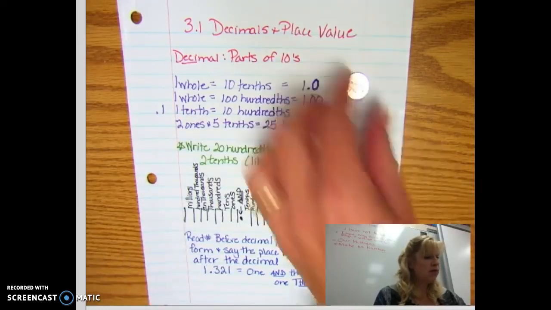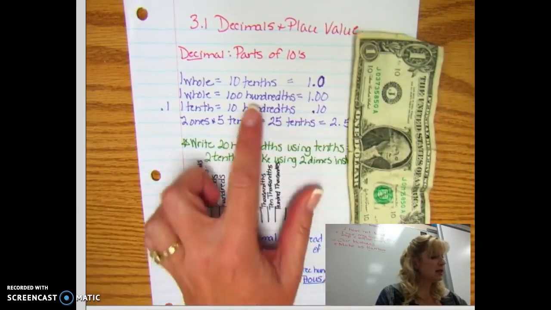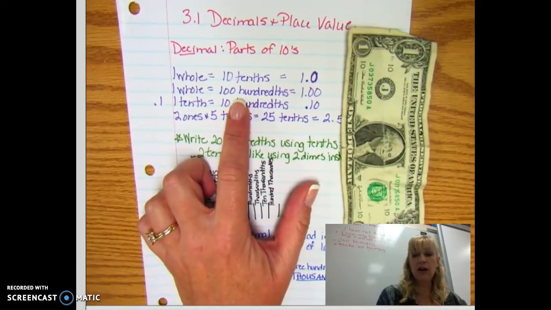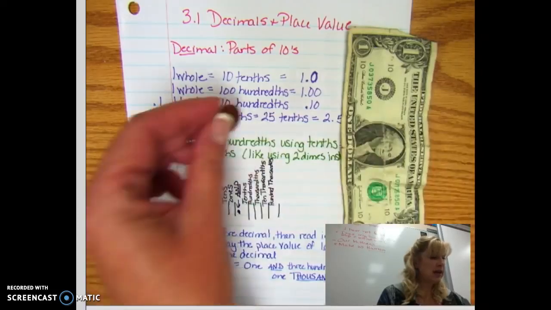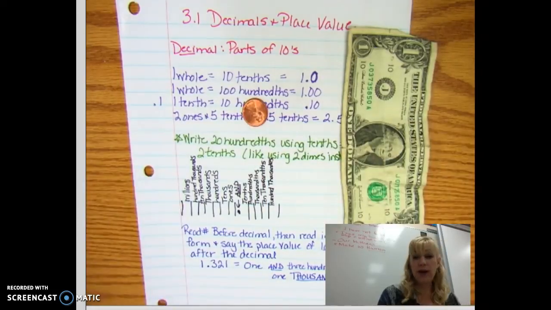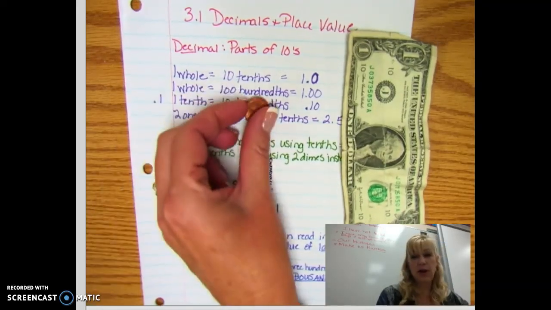One whole, get the dollar back, also is equal to 100 hundredths. So if I were to break this dollar into hundredths, I would then need 100 total pennies. I prefer the lightweight dollar, but sometimes you want those pennies.